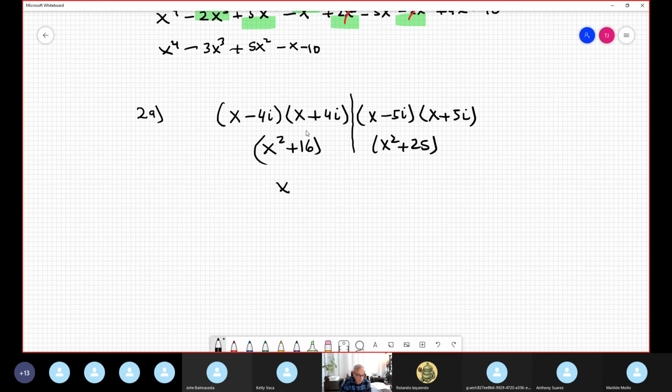This is x to the 4th power plus 25 x squared plus 16 x squared plus 25 times 16 is 400. Entonces x to the 4th power plus 41 x squared plus 400. It's the answer. Wow, fantastic. I like that.